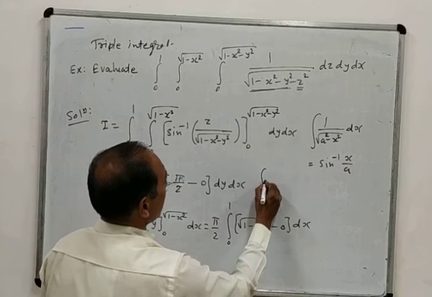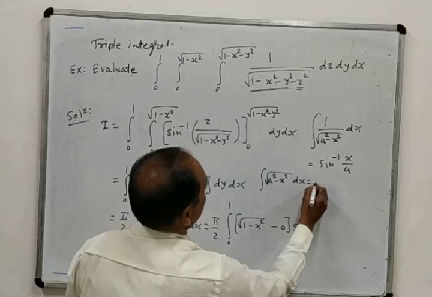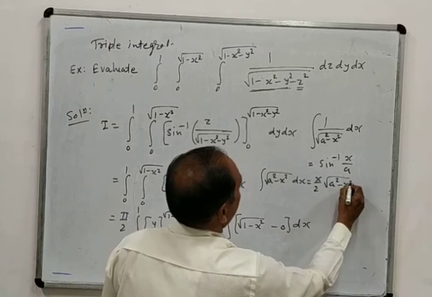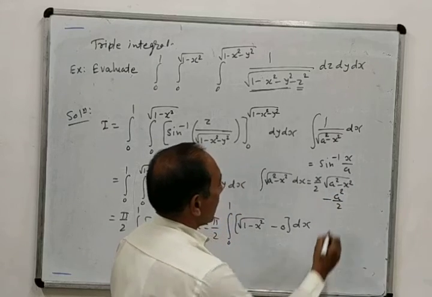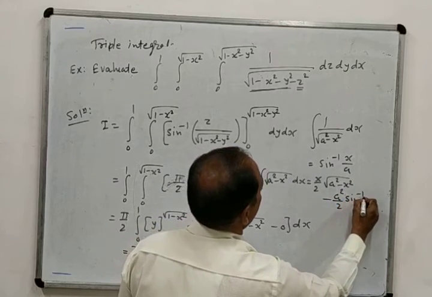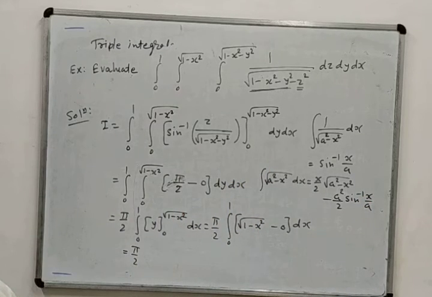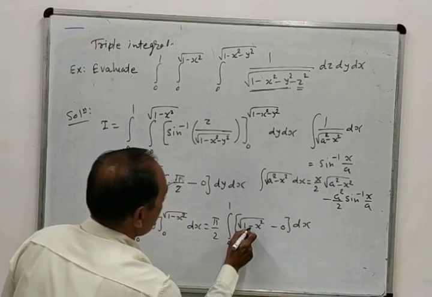But what is the integration of root a square minus x square dx? It is x by 2 root a square minus x square minus a square by 2 into sin inverse x upon a. So here a is 1.